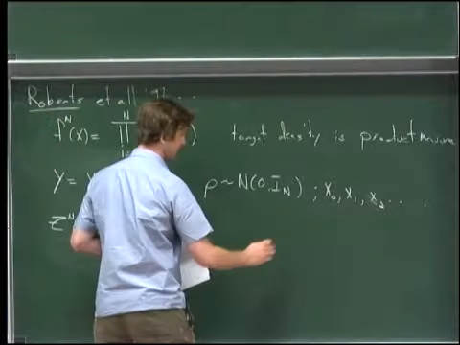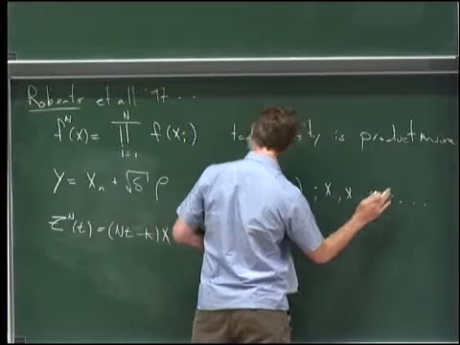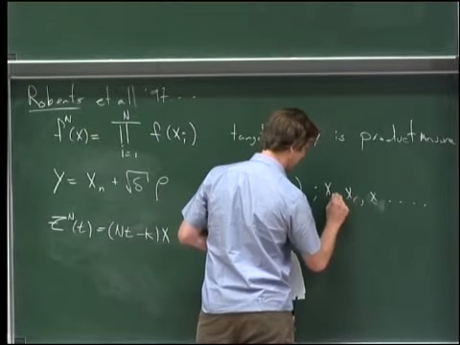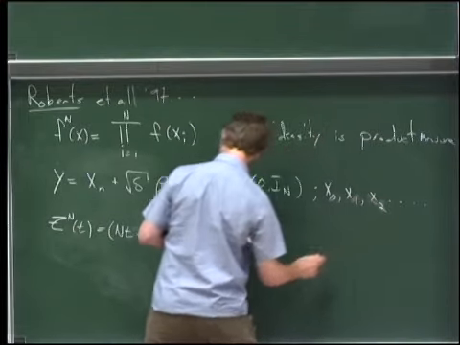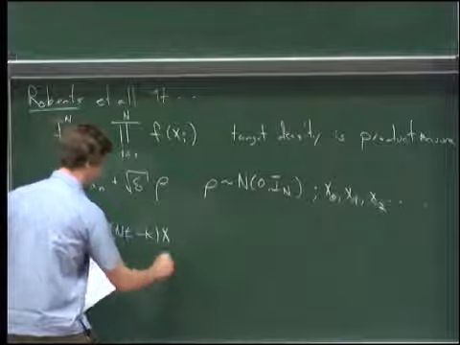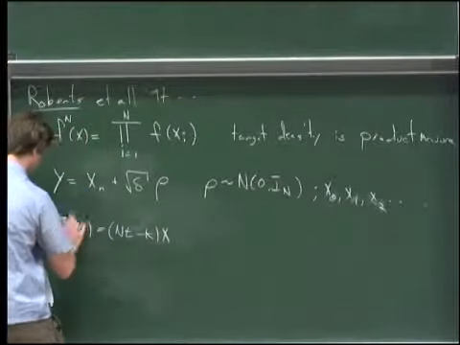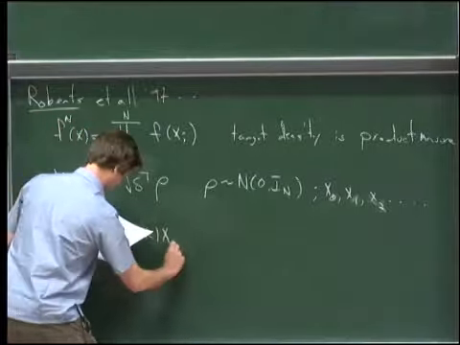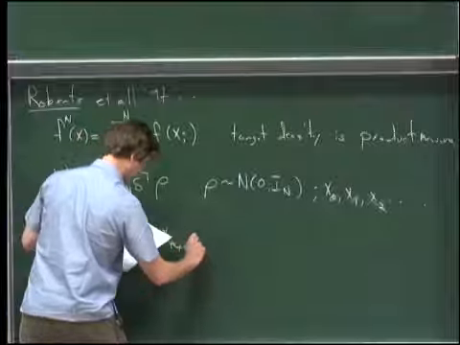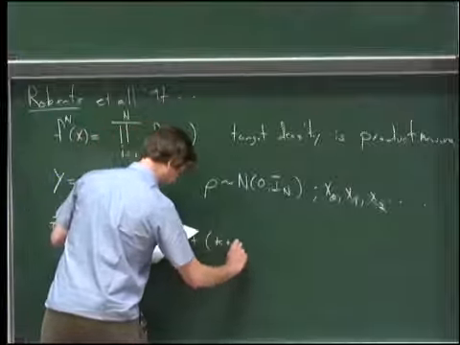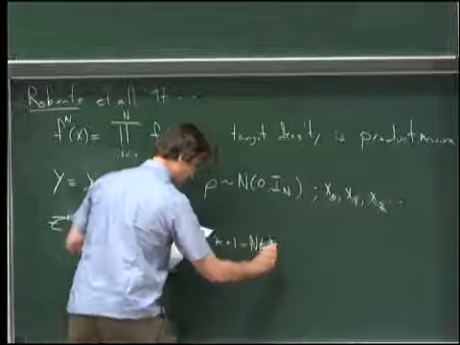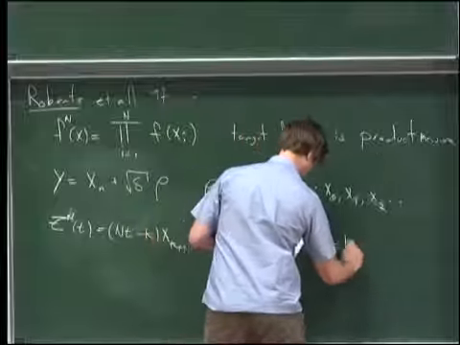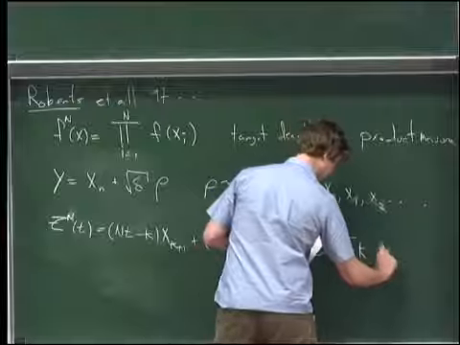I apologize, I was using superscripts, but that's my own fault. With n points, the kth one will be an interpolant between k plus 1 and k, with k plus 1 minus nt times xk, for t in the interval k to k plus 1.